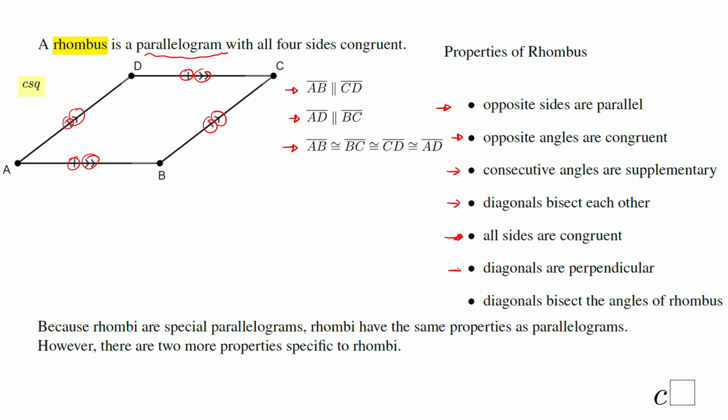Diagonals are perpendicular, so that works only for rhombus. And diagonals bisect the angles of the rhombus. So these last three go only with this shape, the rhombus. And like I said, the other ones are specific to parallelograms.